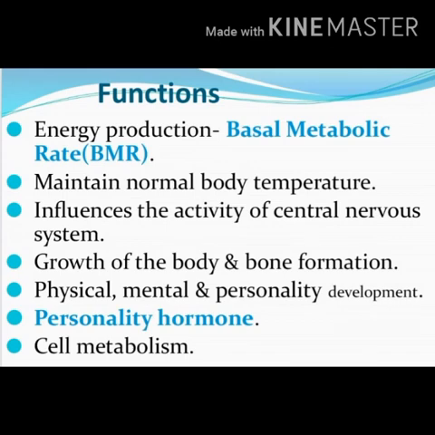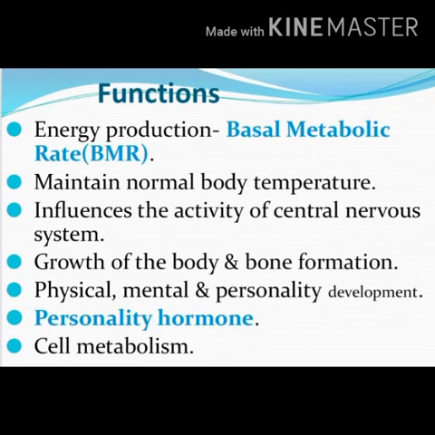Then it influences the activity of the central nervous system. The central nervous system comprises the brain and spinal cord, and this thyroid hormone influences the activity of our brain and also the spinal cord. Then it helps in the growth of the body and bone formation. The important function is that it helps in physical, mental and personality development.